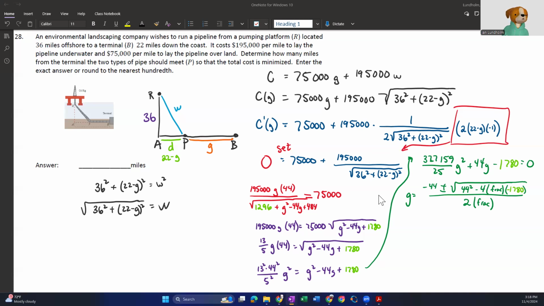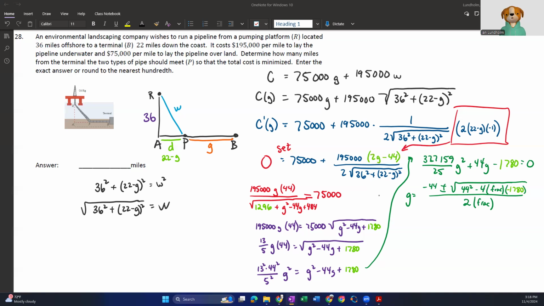Let's do this. I'm going to make this in bright green as well to show another place where I made a mistake. This should just be 2g minus 44. That should still be one factor.